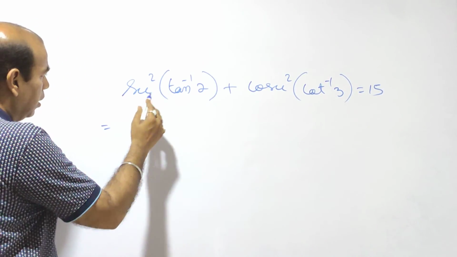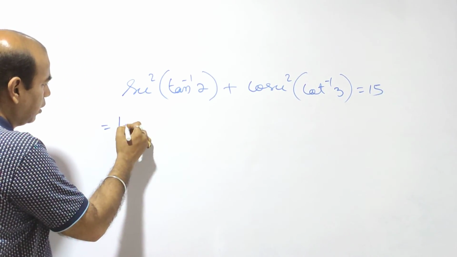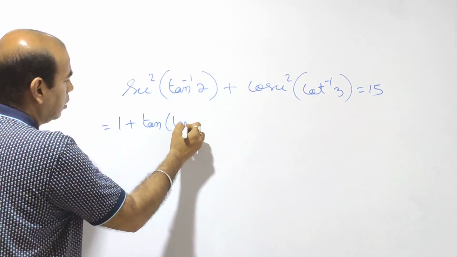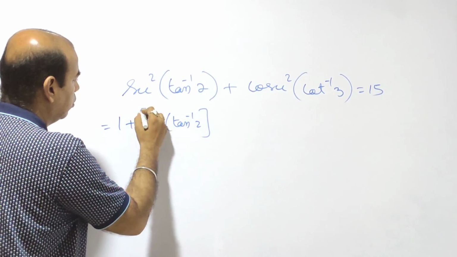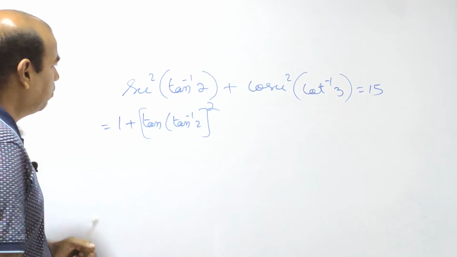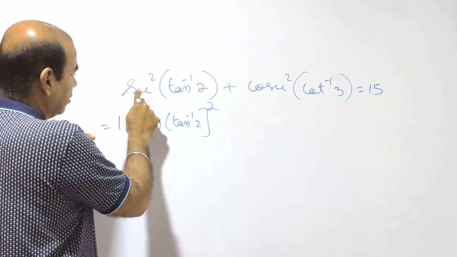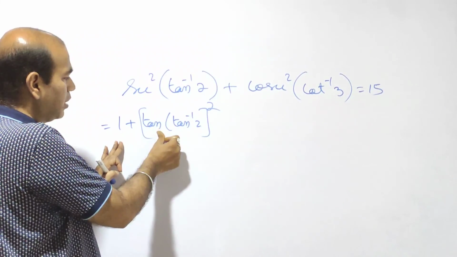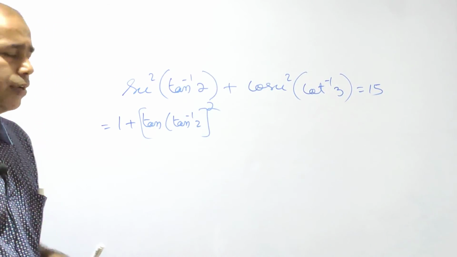You see, it is sec square theta. I can write sec square theta as 1 plus tan square theta. So I have written 1 plus (tan inverse 2) whole square.